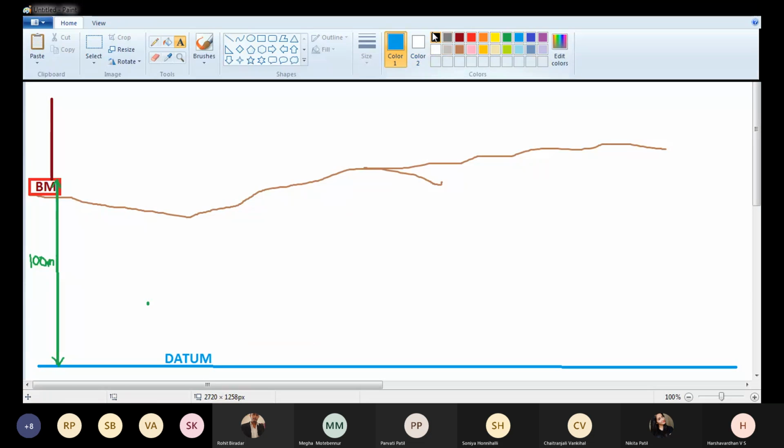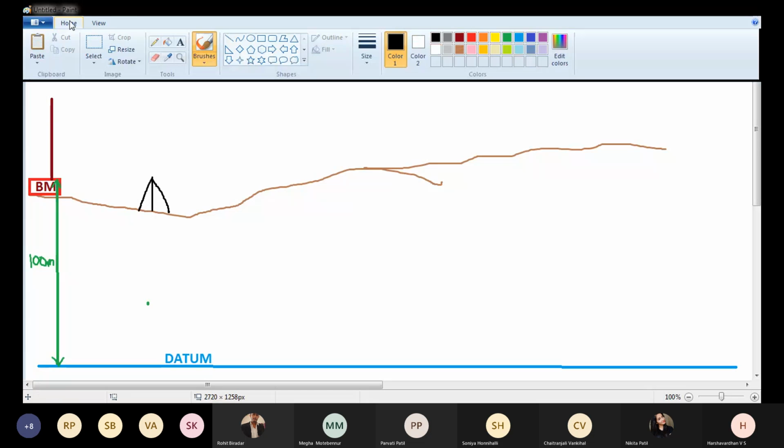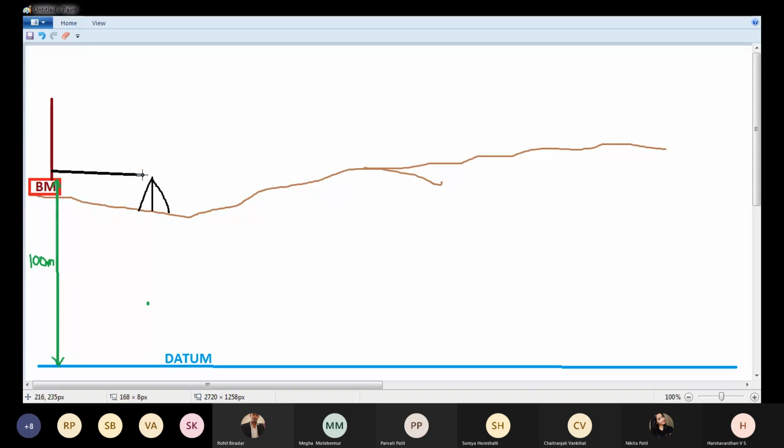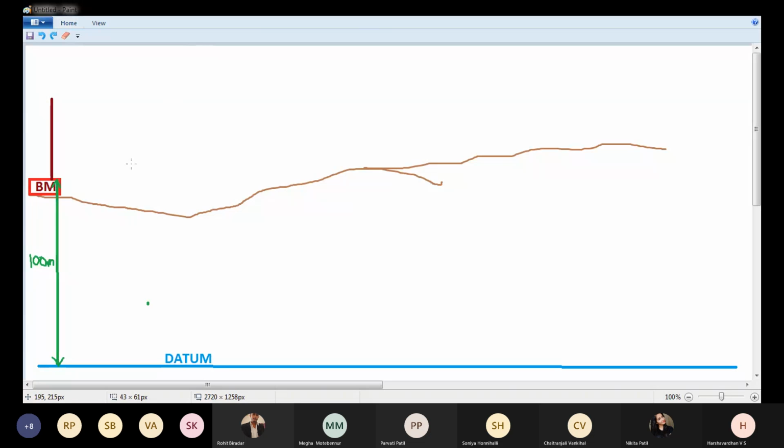So I'll keep my staff here, I'll keep my instrument here, and I will take a staff reading. So this is my tripod or instrument and I am taking a staff reading here.